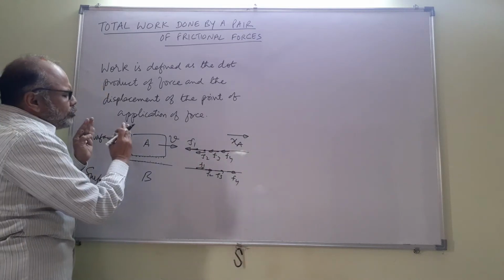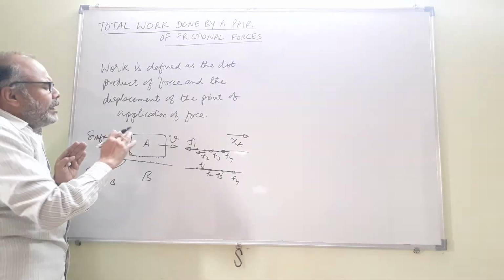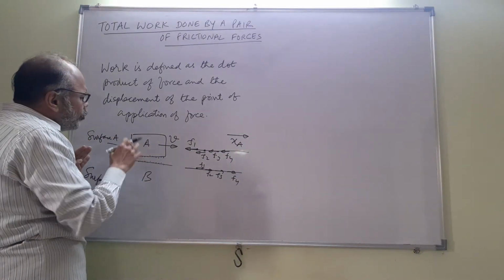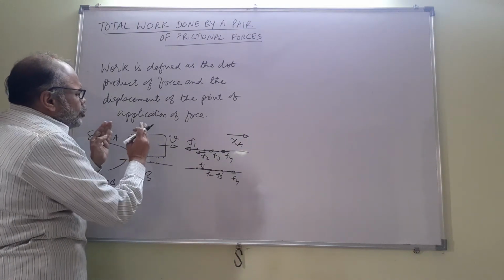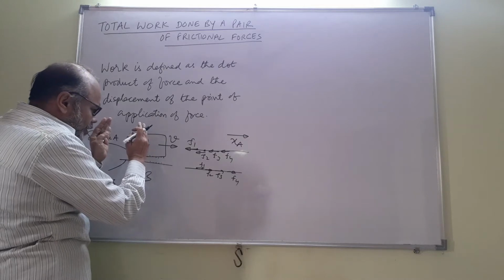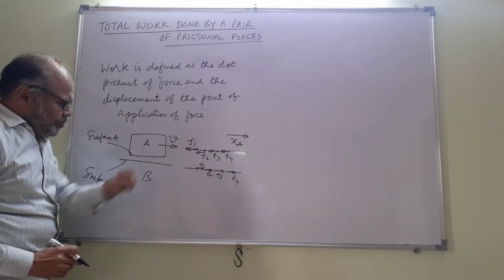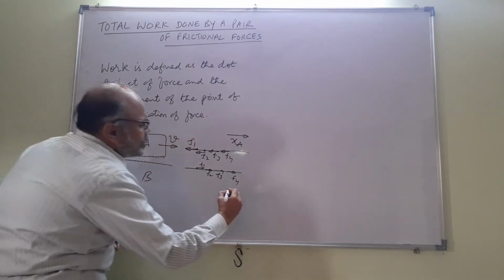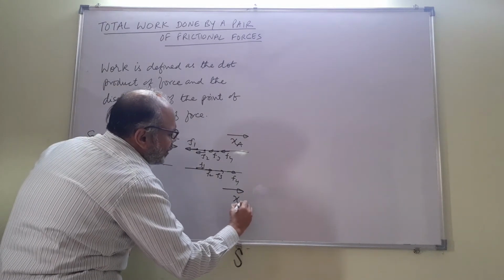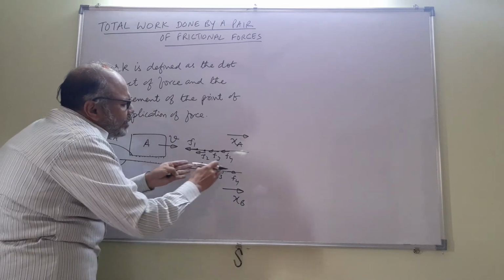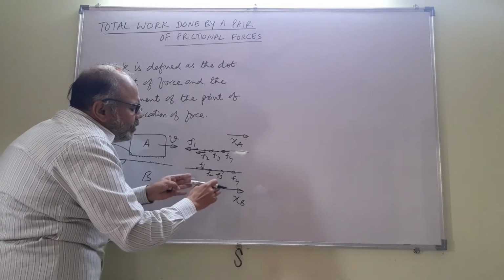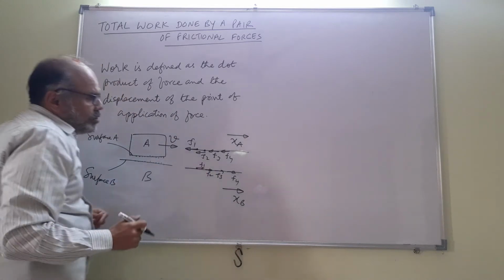We are assuming there is only pure translation and there is no rotation. So in the case of pure translation, every particle will have the same displacement XA. Similarly, if this surface has a displacement XB, every particle will have a displacement XB.